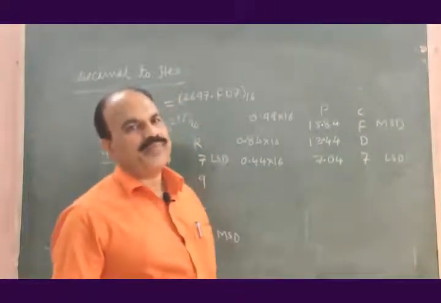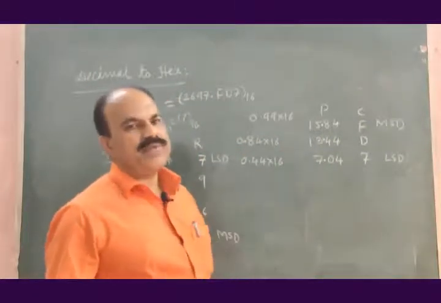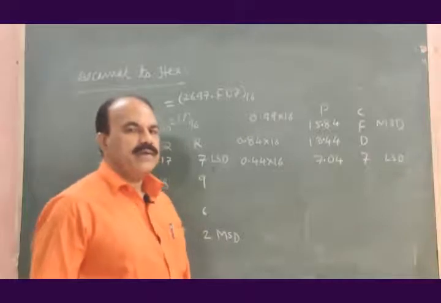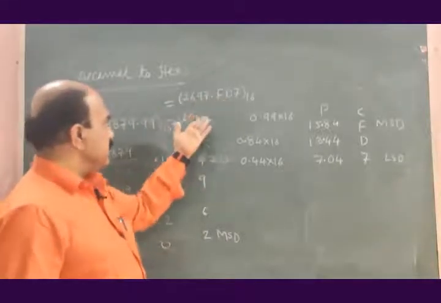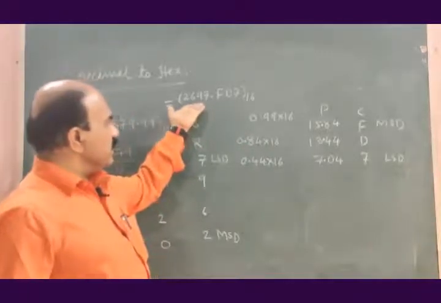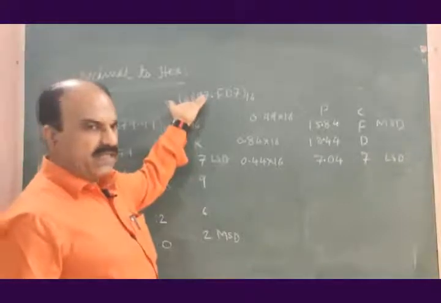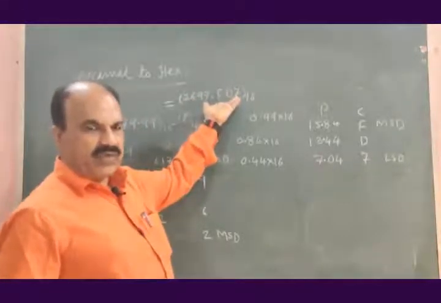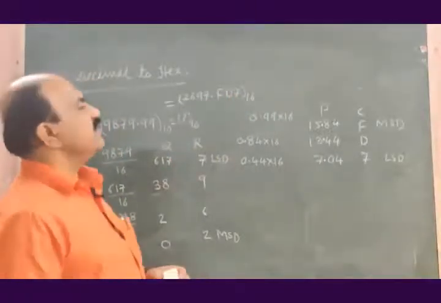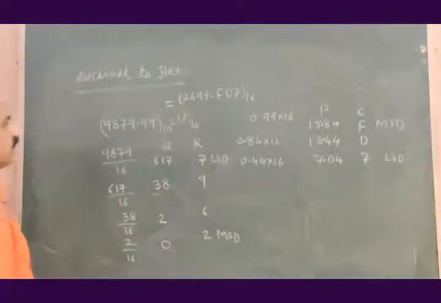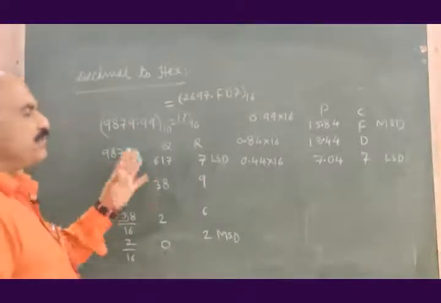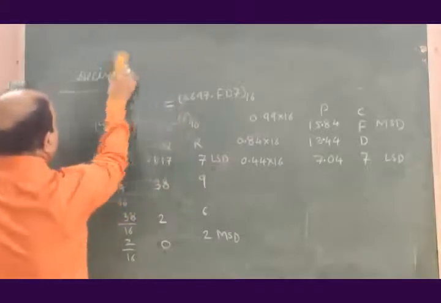Continue this for 3 to 4 times and you will get an approximate value of the fractional part. So this is how we can convert decimal to hexadecimal. You can try more problems. This is the procedure. Then let us go for the reverse of this.